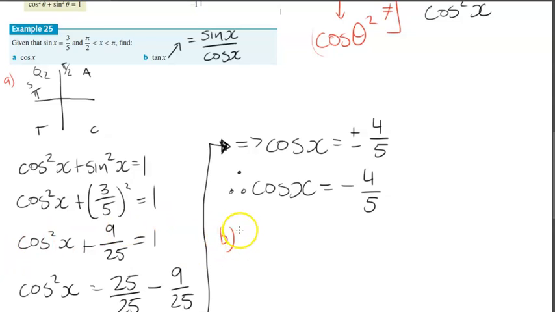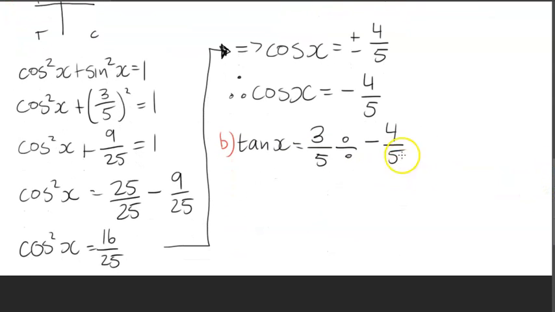So what we are going to do is find tan of x. Tan of x is effectively just going to be what sine of x is, which is 3 over 5, divided by what cos of x is, which we've already figured out to be negative 4 over 5. All we have to do is our simple keep change flip, because we're dividing a fraction. So this is equal to 3 over 5 times negative 5 over 4.